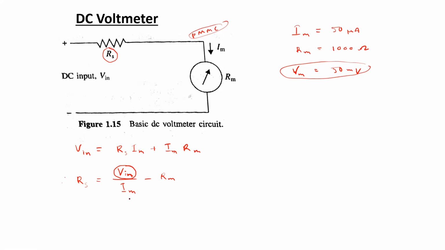So IM, RM, these values are going to be fixed. Now, based on the maximum limit of the range of the input voltage, the value of the RS can be set accordingly.